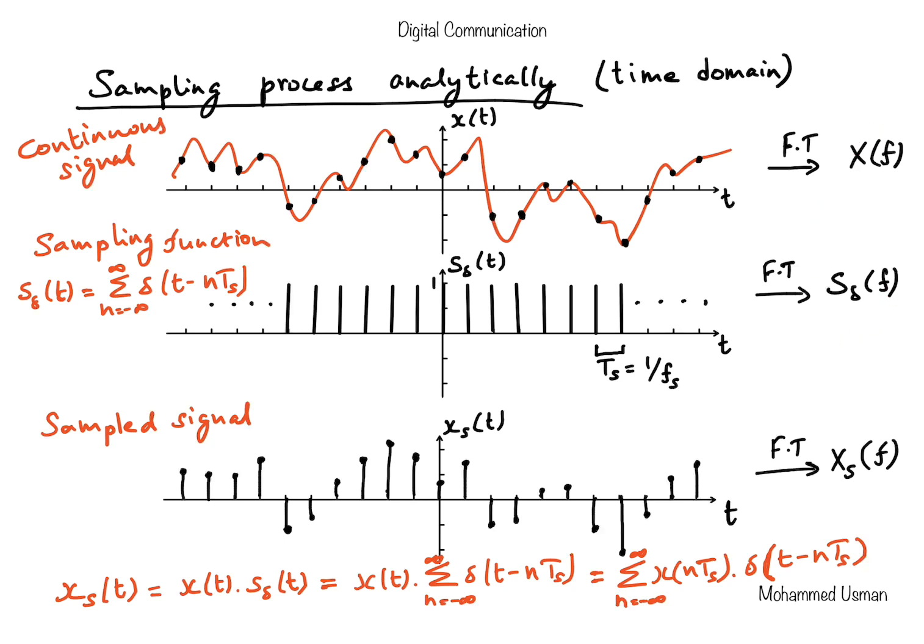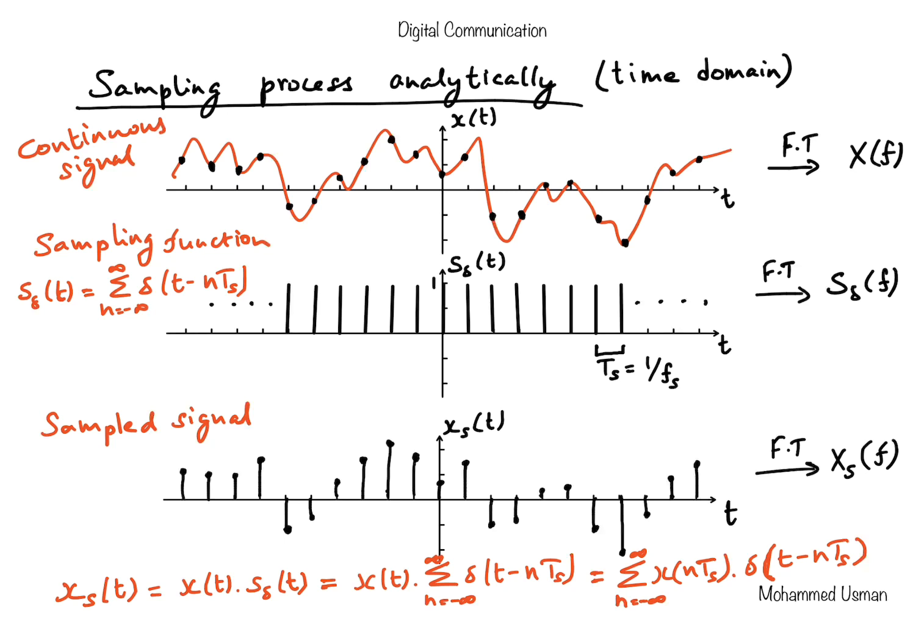And to do that, we will use the property of the Fourier transform, which says that multiplication in the time domain corresponds to convolution in the frequency domain. So here in the time domain, we are multiplying the signal x of t with the sampling function s delta of t. In the frequency domain, that would correspond to convolving their respective spectra.